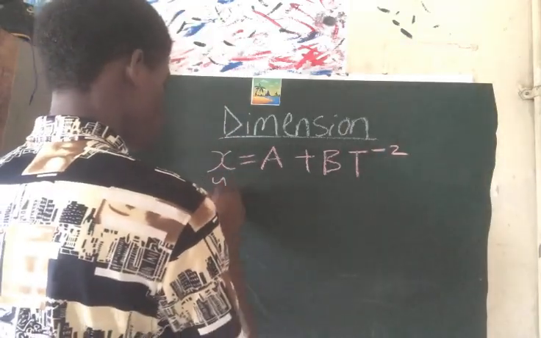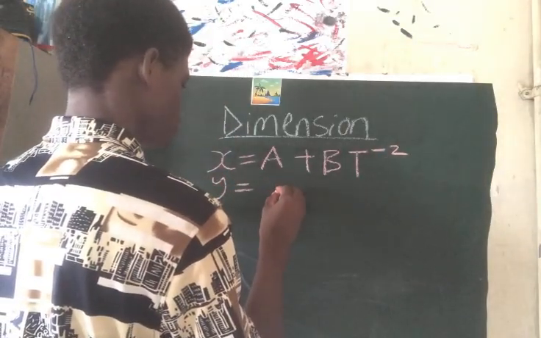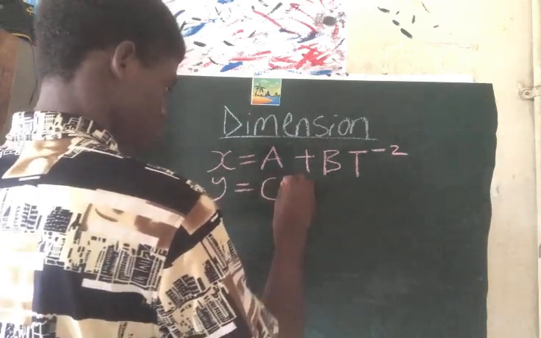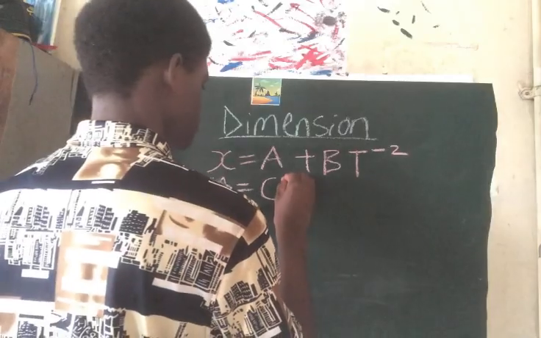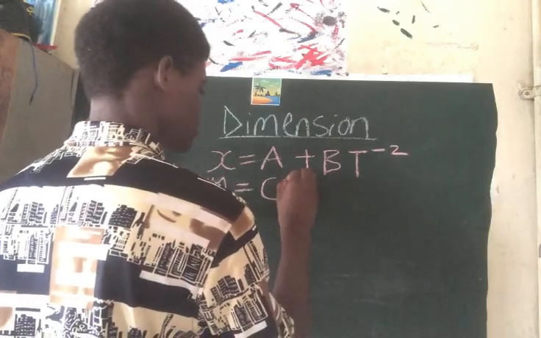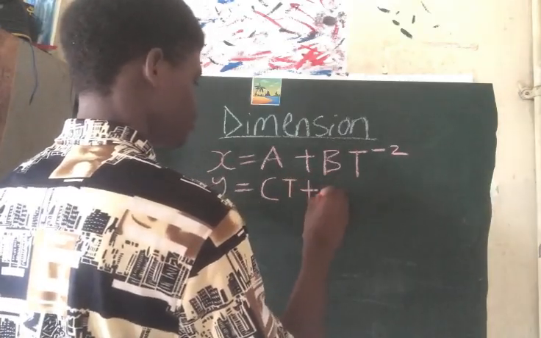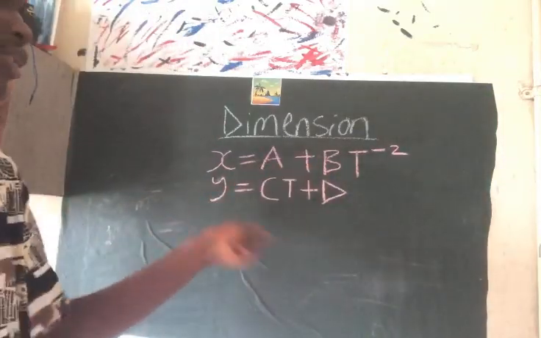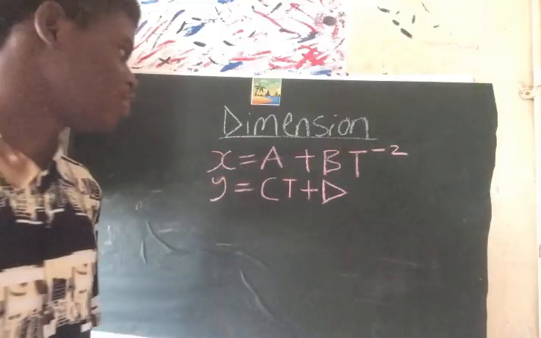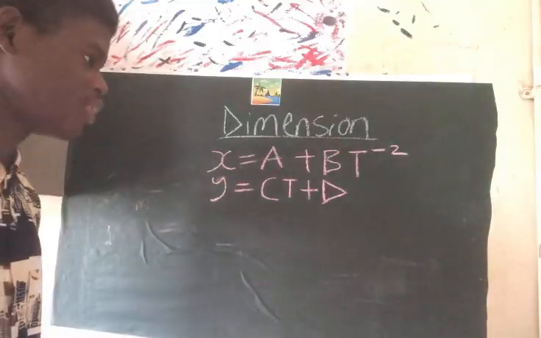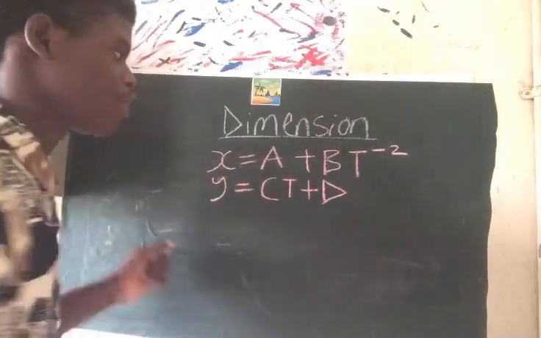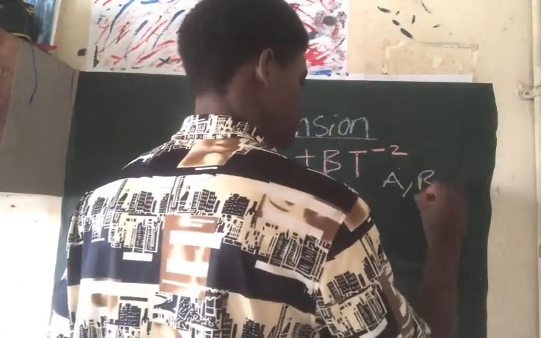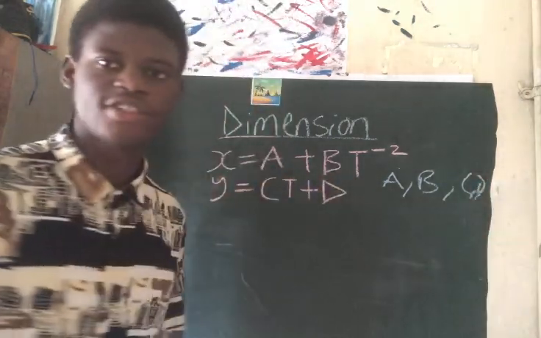And y is equal to c raised to power c times ct plus d. This is not the exact question, but it's like this. They say find the dimension for a, b, c and d. It's very easy.